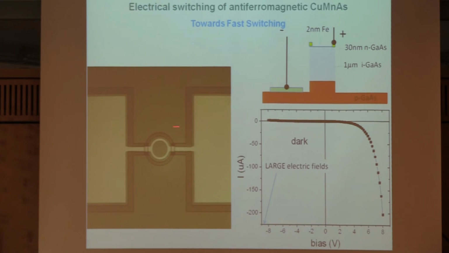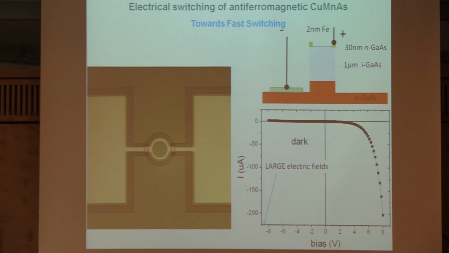This is now a real device, but unfortunately containing not copper manganese arsenide, only a thin iron layer, because we wanted to see the effect of spin polarized high intensity currents on a thin iron layer. In darkness you see this nice diode behavior. You can apply quite large fields and generate a very large electric field.